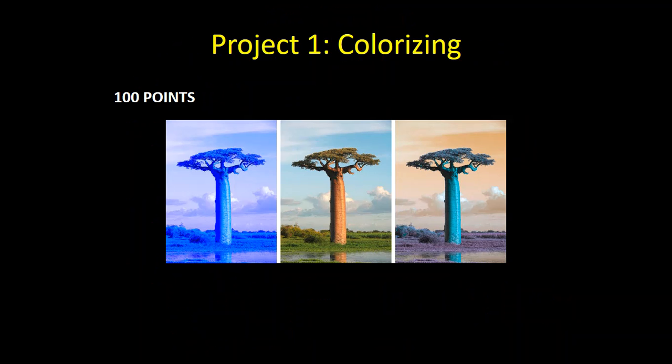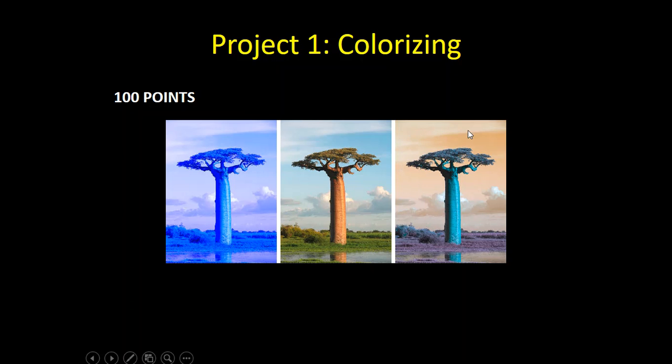So project 1, colorizing. It's worth 100 points. You're going to take an original image and you're going to colorize it. Here's an example of that image colorized, all of it just colorized once. So for example, this one was colorized with a blue hue, right? But this is an example of having 3 different areas of colorization.